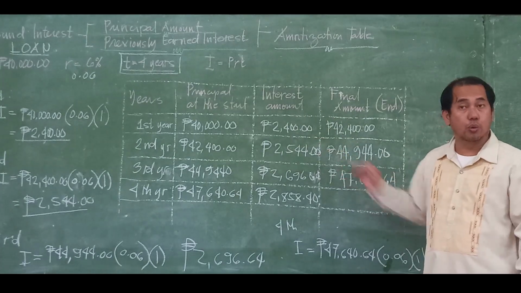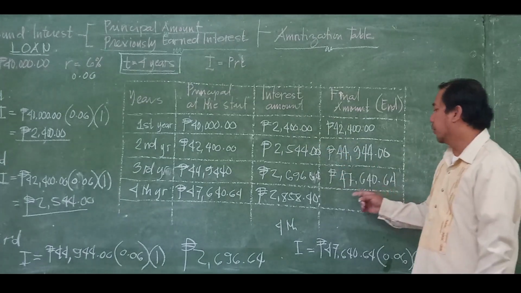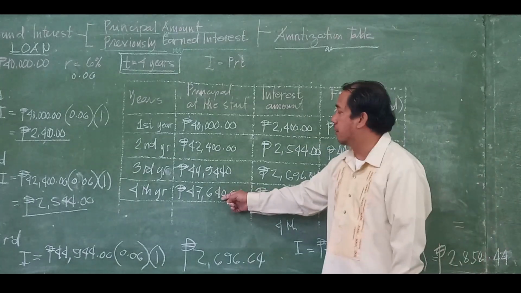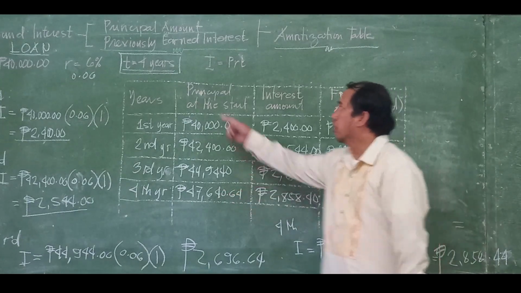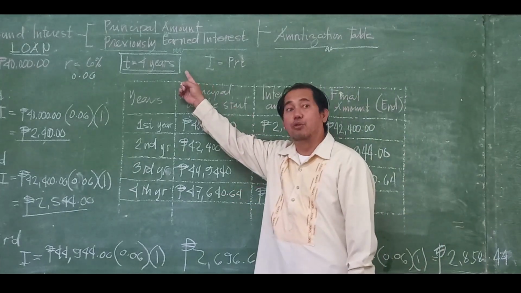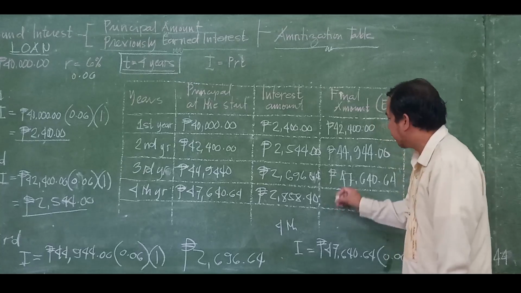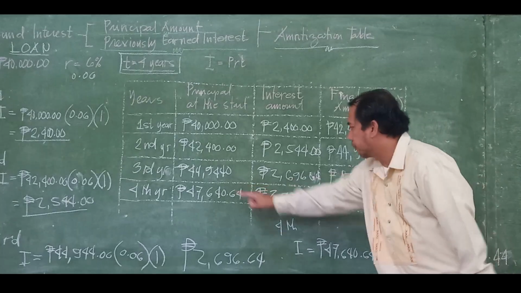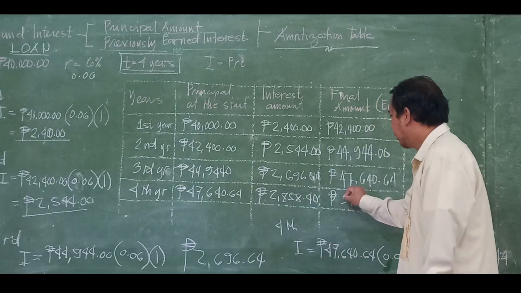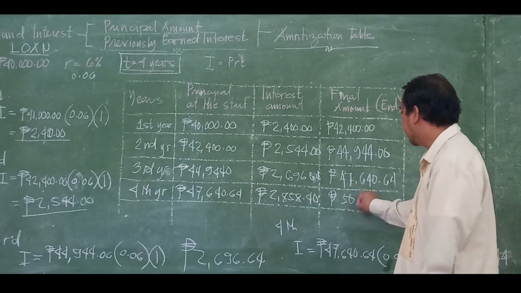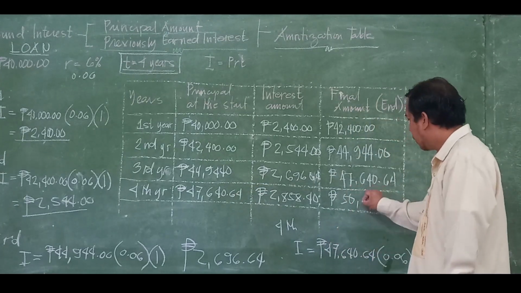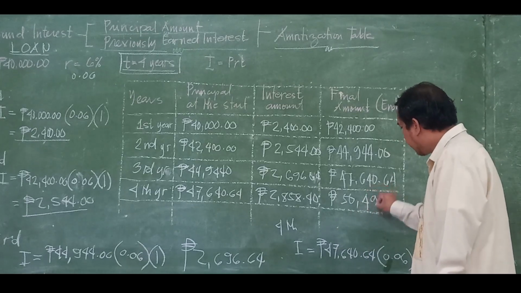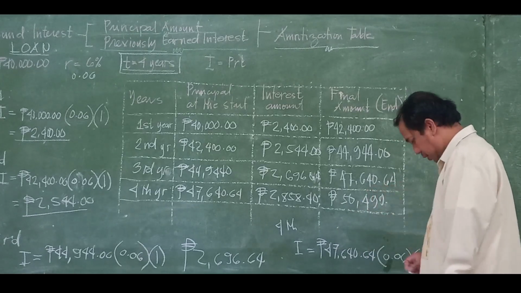Yes, it's sequential. Now notice that when we add this, that will be the final amount after 4 years. So would you mind to add this one? 50,499.08.